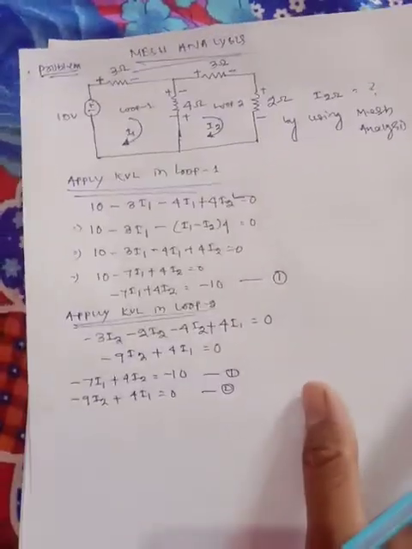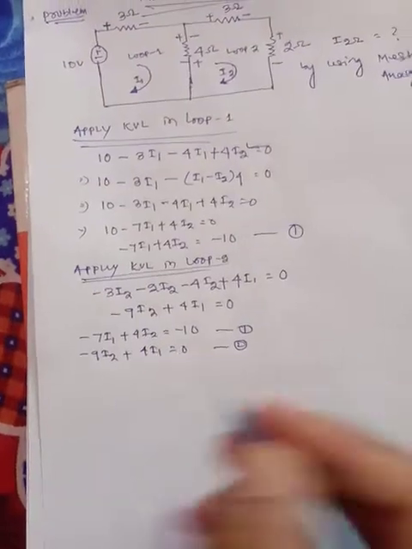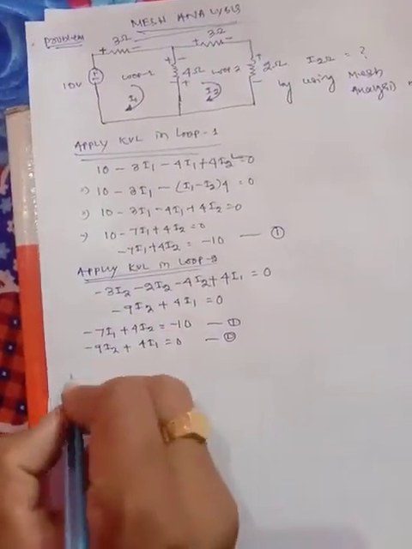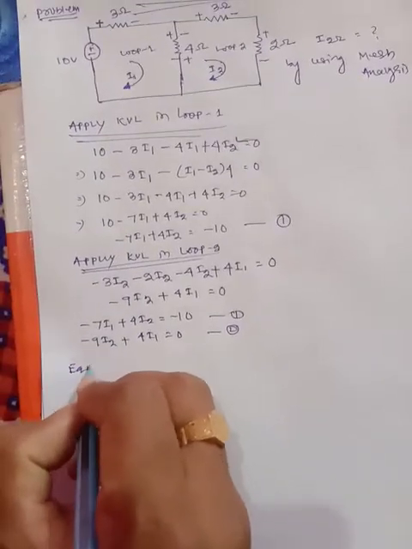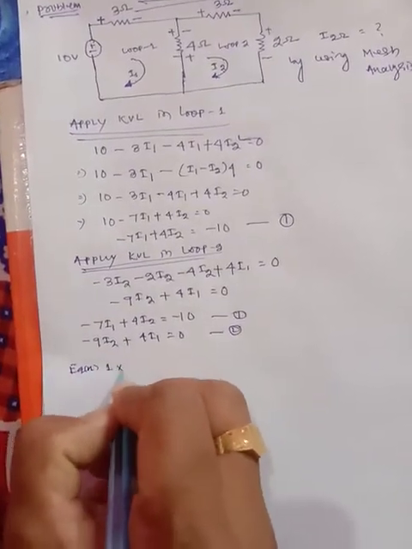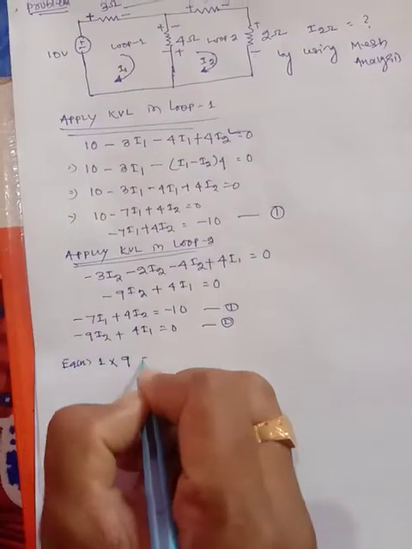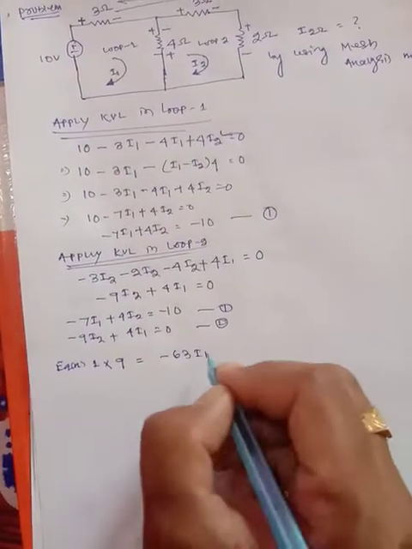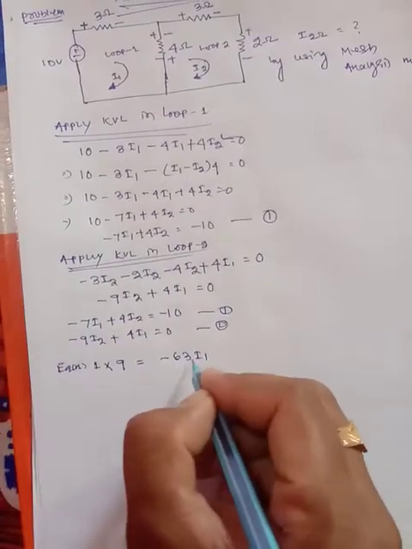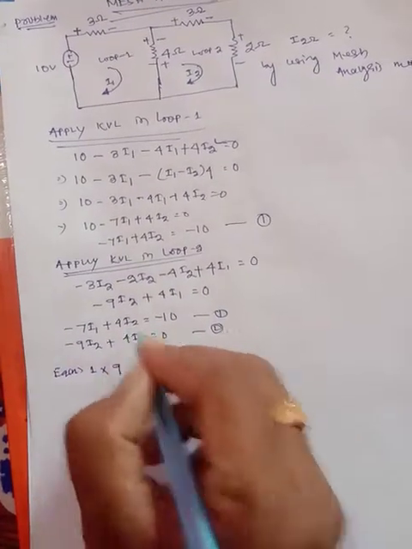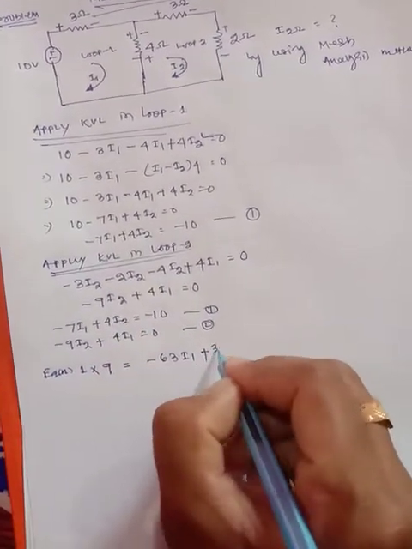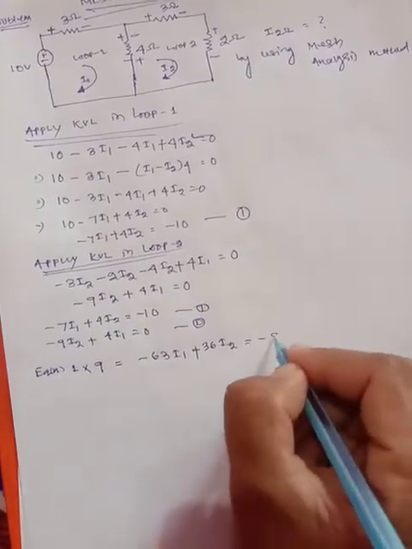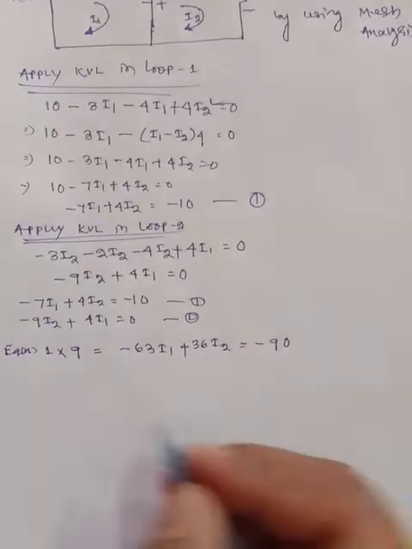Let me verify. Equation 1 into 9: minus 63I1 plus 36I2 equals minus 90.